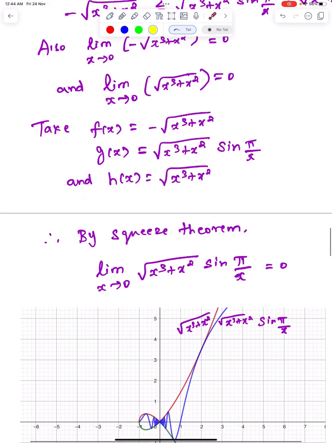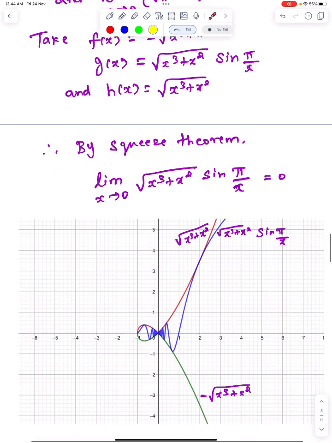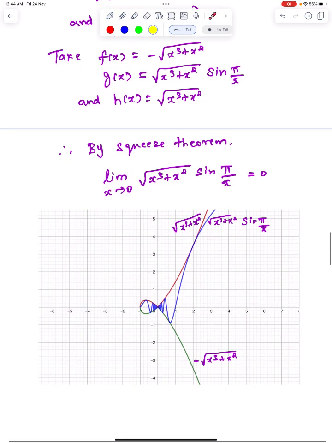Now you can see this picture which describes the squeeze theorem rule. The orange line is the square root of x cubed plus x squared, the green line is minus the square root of x cubed plus x squared, and the blue one is the square root of x cubed plus x squared times sine pi over x.